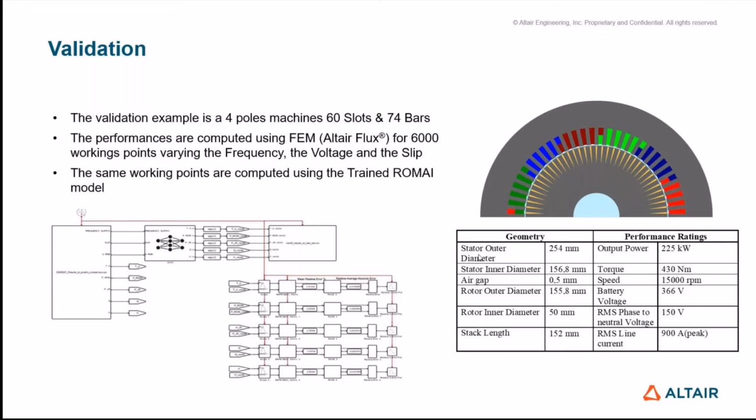Something we did first, we used directly the data we trained the ROM on, and actually using that we had a very bad result. So Spiros, my colleague, had an idea to switch to logarithmic scale because for lower slip and higher voltage, we have a very big torque, and on the reverse side we have very small torque.